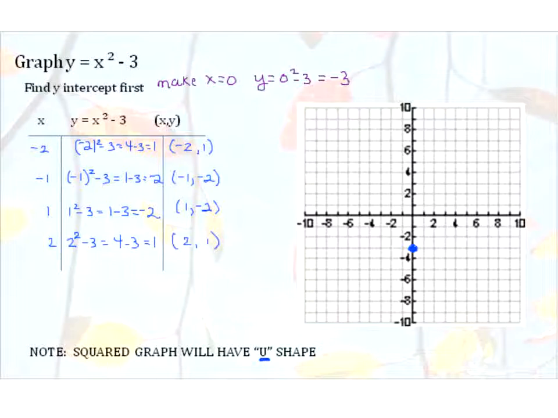So graphing this on our coordinate plane will give us, let's put it in a bigger font here, -2, 1, -1, -2, it's right here, and then 1, -2, and 2, 1. And connecting it, it's going to be a U shape, as I said before. And that's your graph.